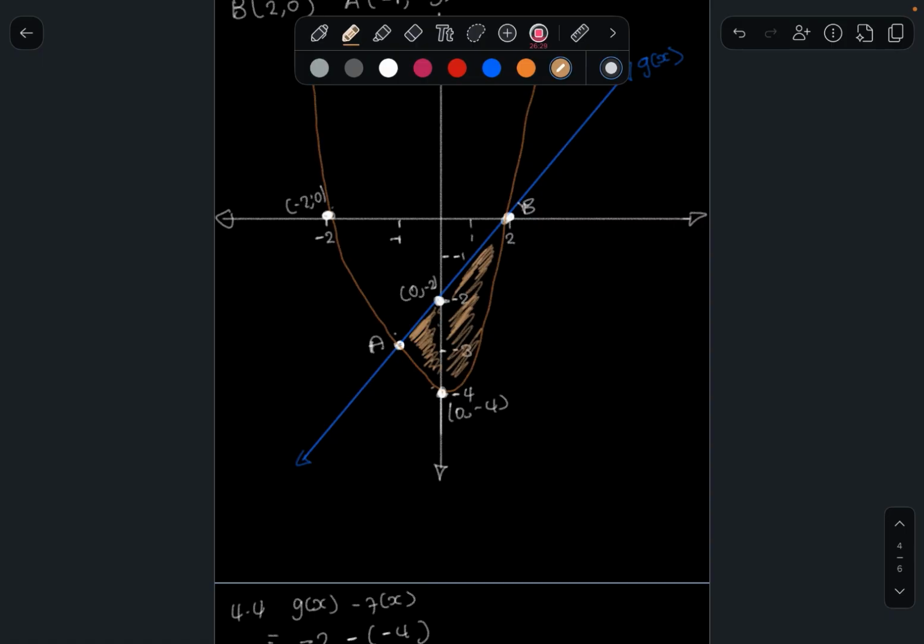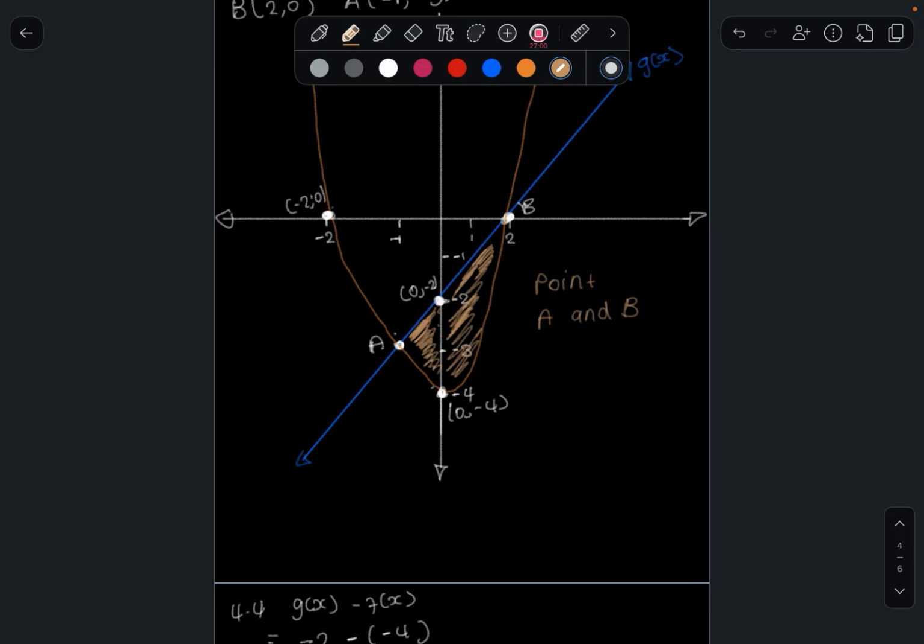So basically, they also asked, when is it equal to or greater than, right? So it's between point A and B, right? So between point A and B, g of x is on top of f of x, meaning that it's greater than it, right? Now when we do these intervals, we use our x values.